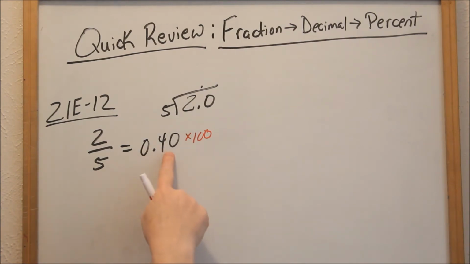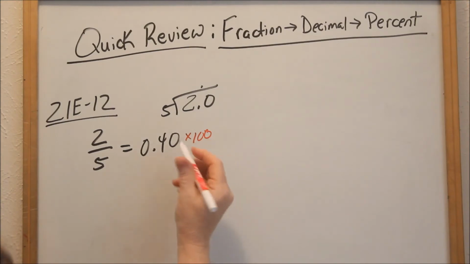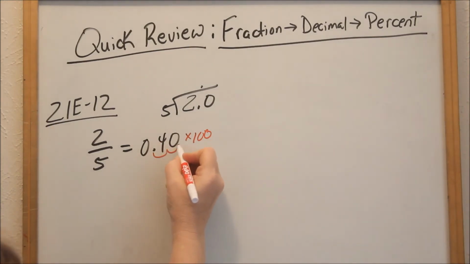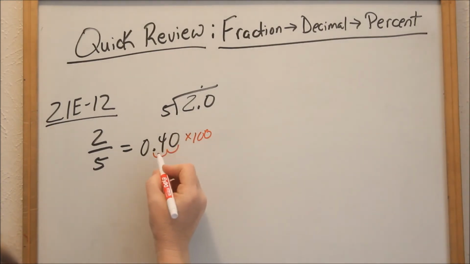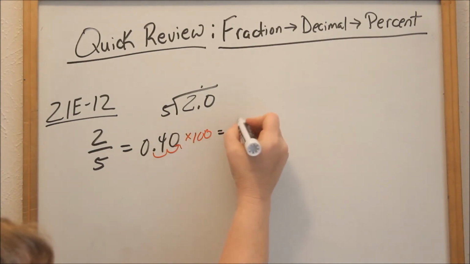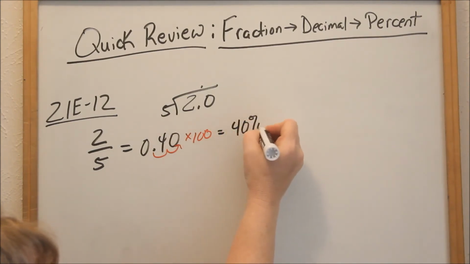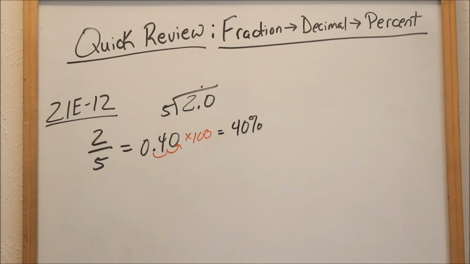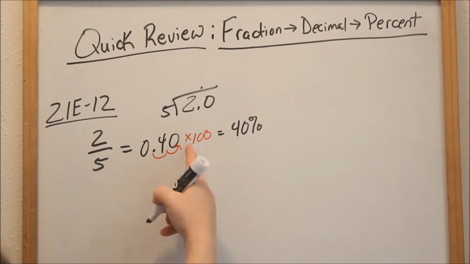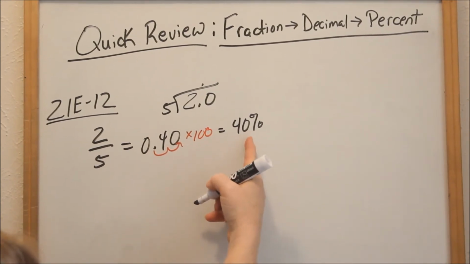So when you take 0.40 times 100, anytime you multiply by 100, it moves your decimal place 2 times to the right. 2 zeros moves your decimal place 2 times to the right. So if you literally did 0.40 times 100 in your calculator, you end up getting 40, and that now becomes a percent, 40%. So fraction to a decimal, multiply by 100 to get to a percent.